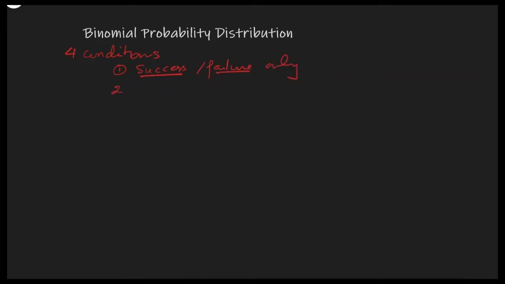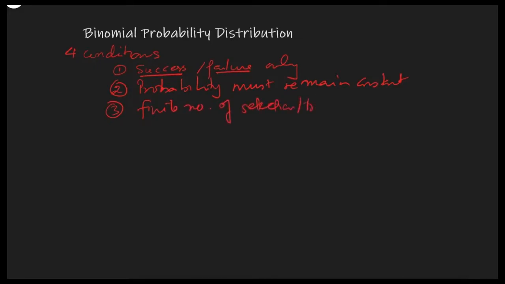There should be a success and a failure based on a criteria. Secondly, that probability of success must remain constant. That is, no matter how big or small a sample we take, the probability must remain the same for all the selections. Number 3, there should be a finite number of selections or trials.